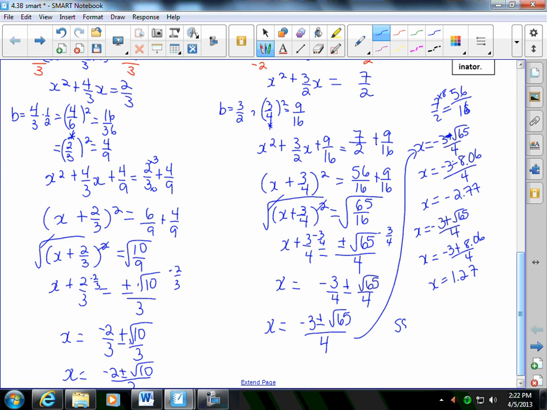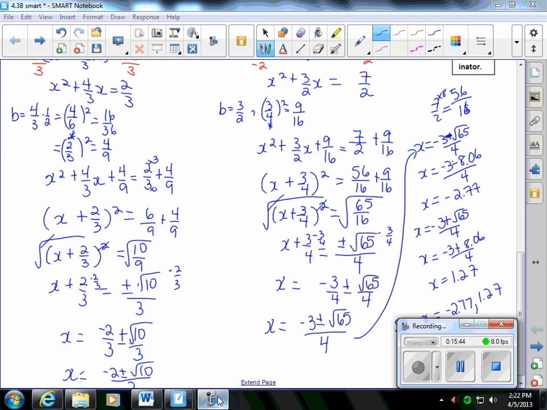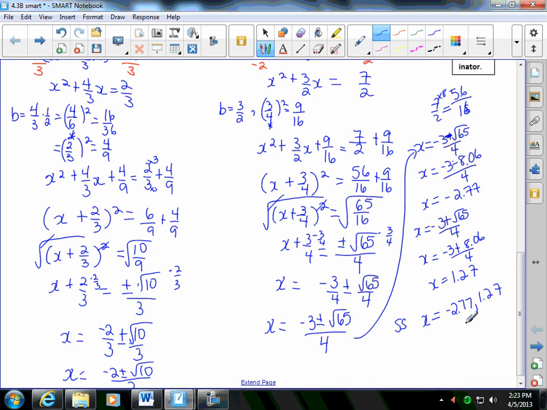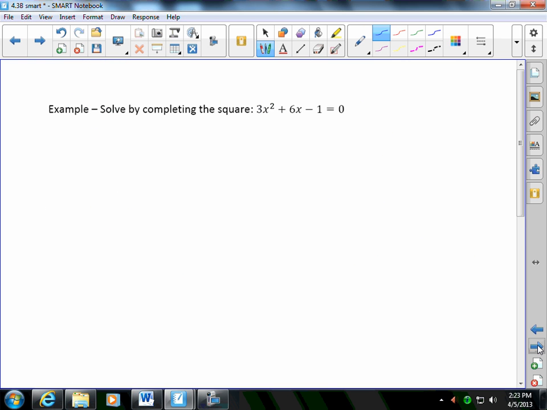My solutions for this are x is equal to negative 2.77 and 1.27. Once you have your solutions, you write your solution set, and you're done.